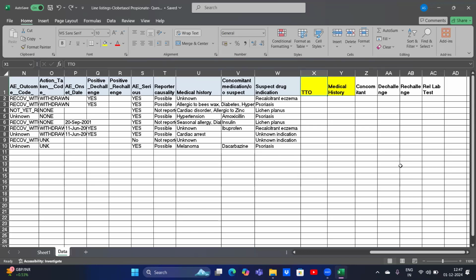Signal and risk evaluation: new information regarding important identified risk, new information regarding important potential risk, new information regarding missing information. So in the reporting period itself, what is the new information that you got that was not known to you at the time when the reporting period started? That new information you have to present. Suppose you got initial cases in this reporting period.